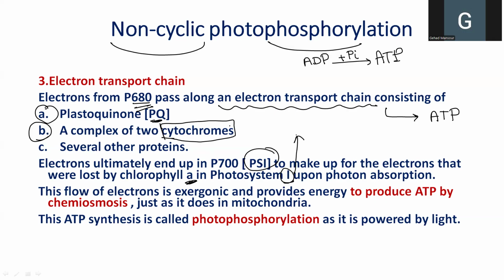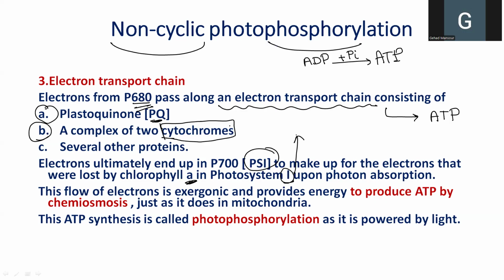Both have in their centers chlorophyll A molecules, and both lose electrons upon exposure to solar energy and absorbing the energy of photons. But the electrons in photosystem 2 are replaced by electrons from water, whereas those in photosystem 1 are replaced by electrons from the electron transport chain of photosystem 2.